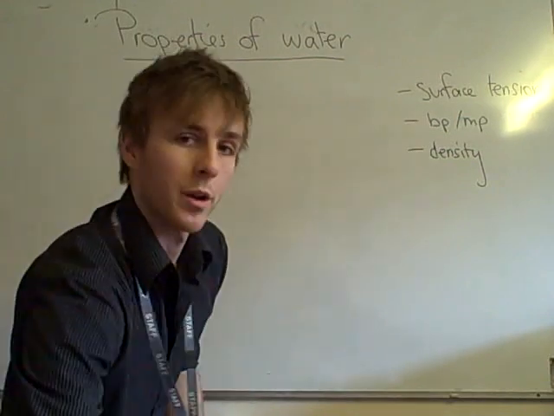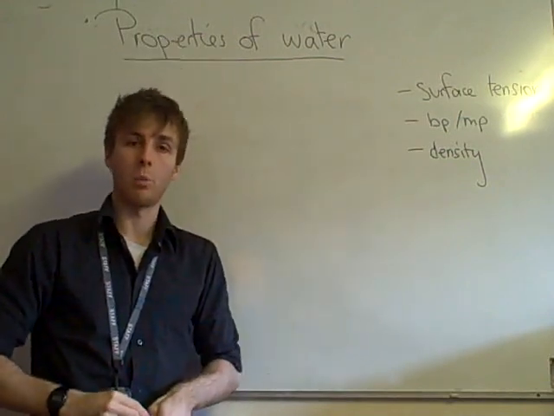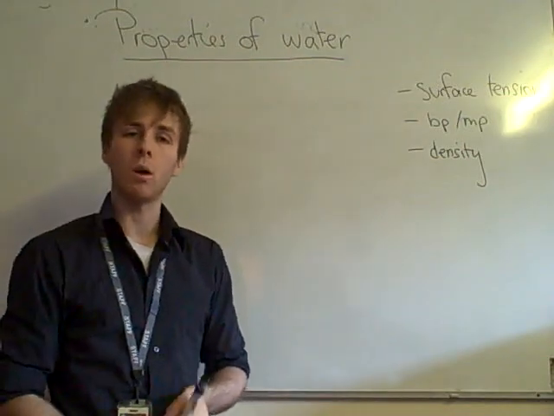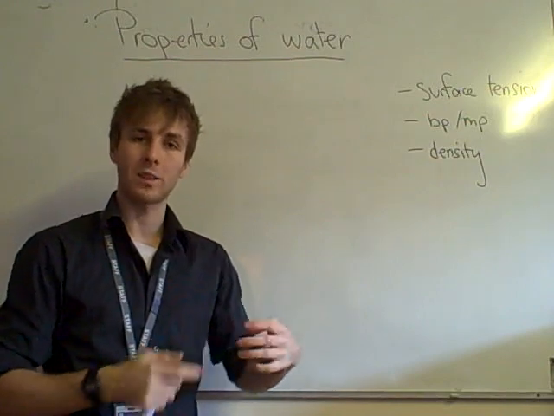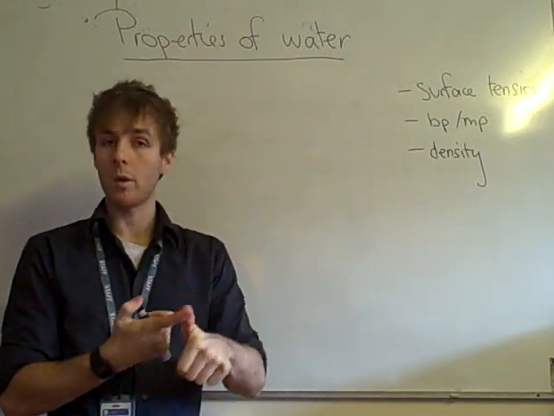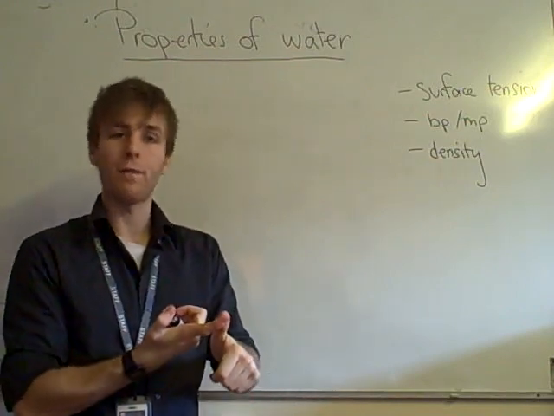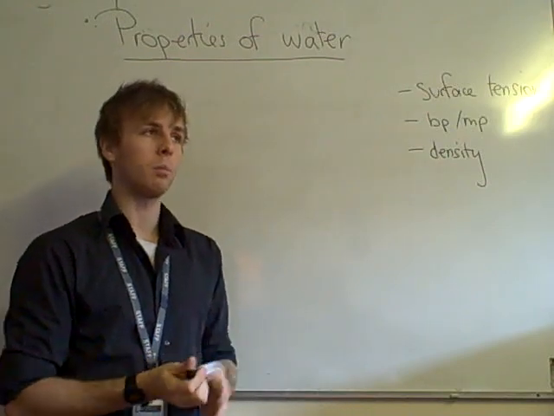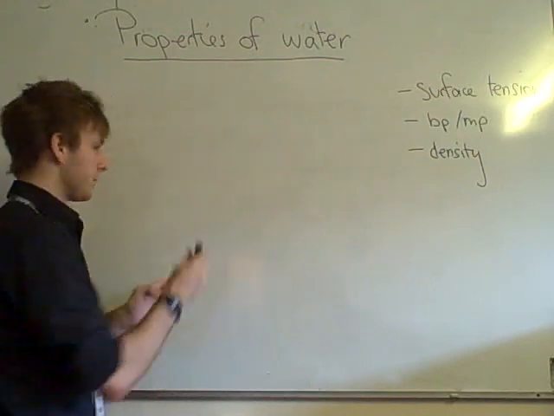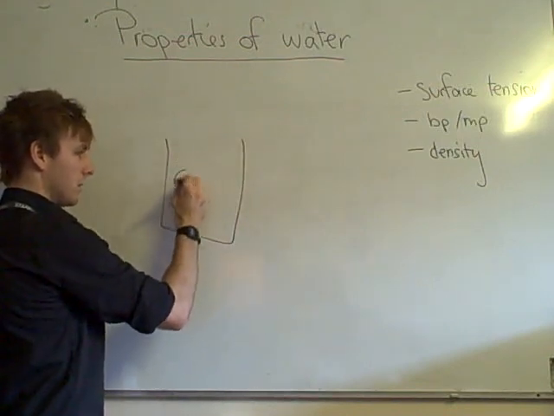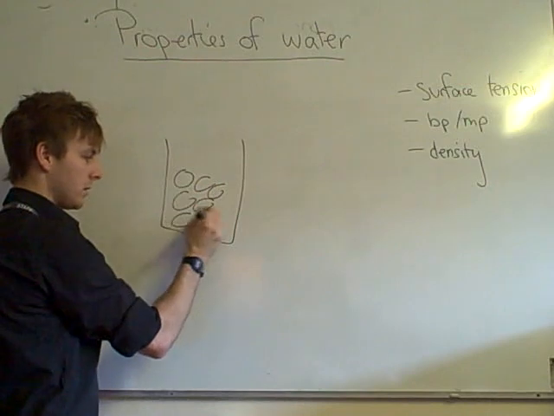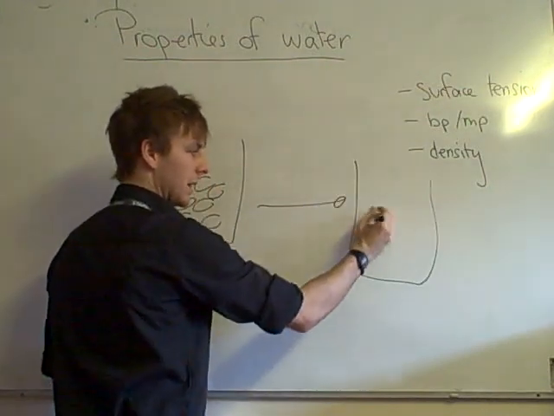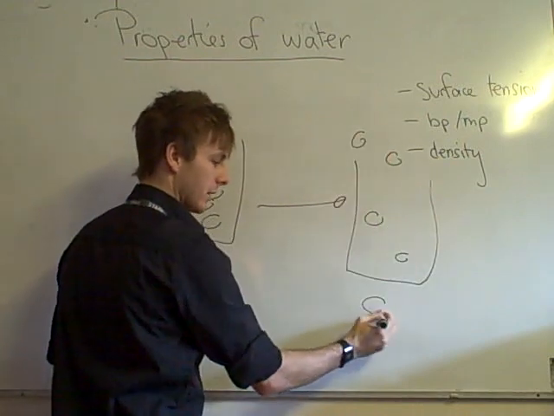It's also got an incredibly high melting point and boiling point for exactly the same reason. Usually, in simple covalent compounds, the only thing holding them together are either incredibly weak van der Waals forces or fairly weak permanent dipole-dipole forces. Now, the boiling point of something, if I have my liquid, the boiling point is the temperature at which that liquid changes into a gas.